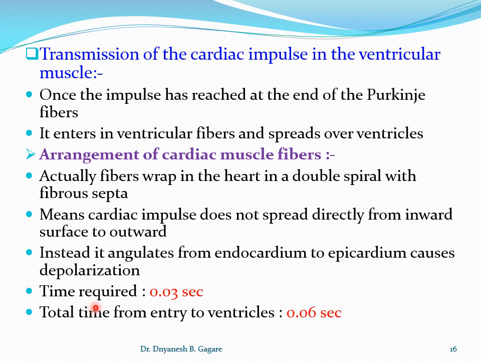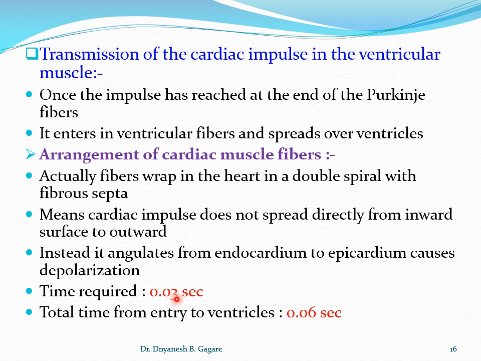And the total time required: this distance is less as compared to the Purkinje fibers, bundle of His. Here, the spread of the impulse from the inner surface to the outer surface takes 0.03 second. So the time required for just this distance is 0.03 second.